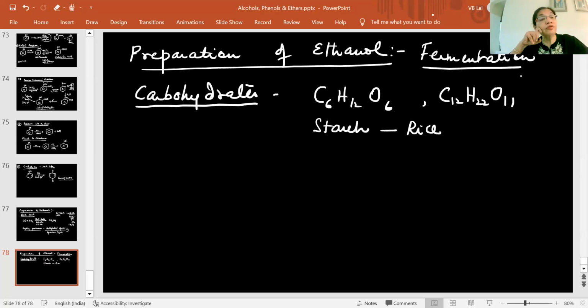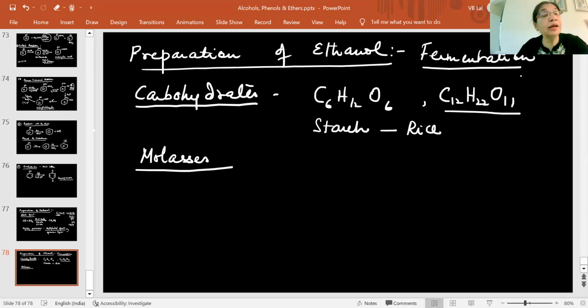So what is the process of fermentation? I can take sugar solution. Where do I get sugar from? From sucrose, so it comes from sugarcane juice. Sugarcane juice is used in the sugar industry to make sugar. After sugar is prepared from sugarcane juice, what remains is in the form of molasses.